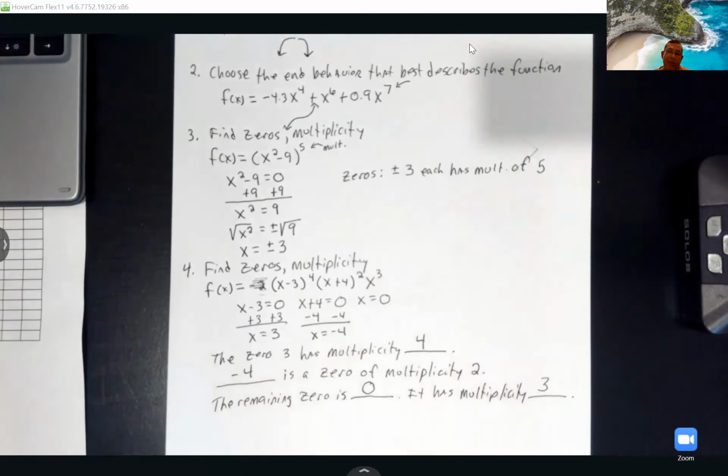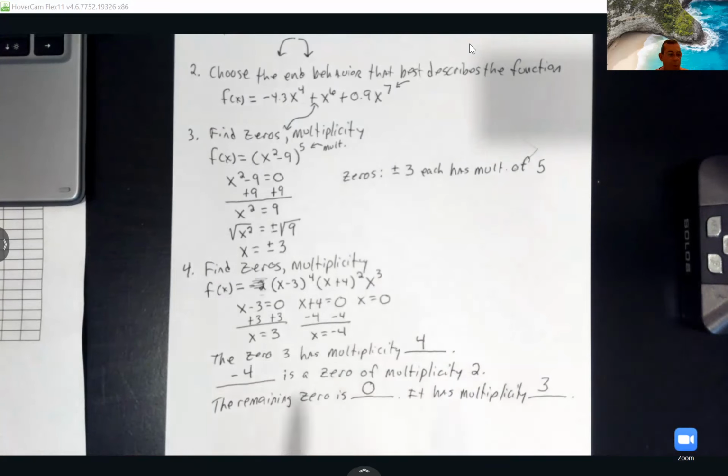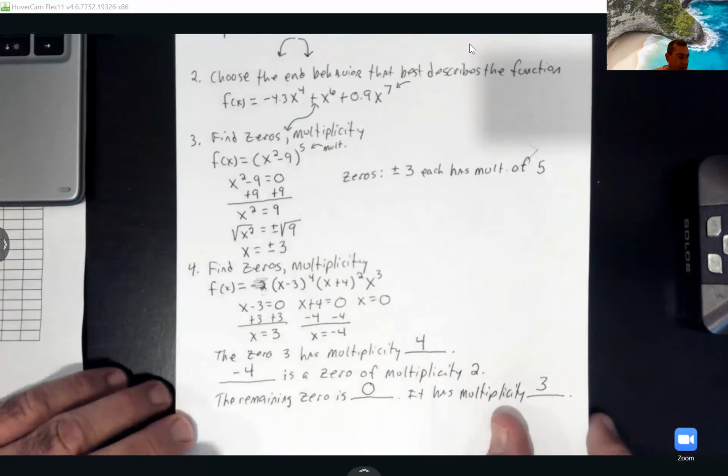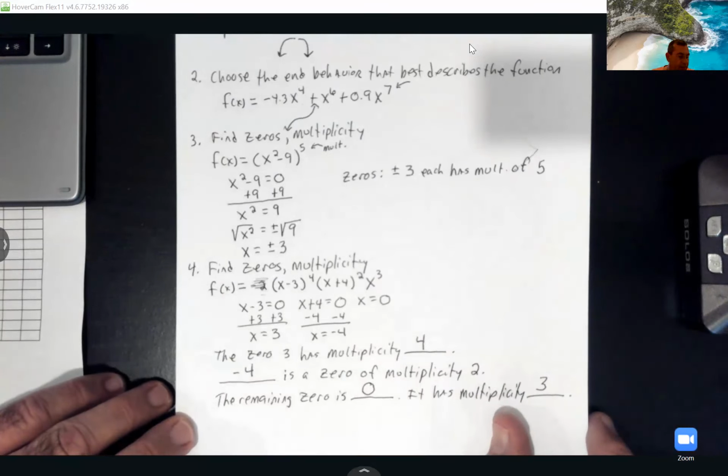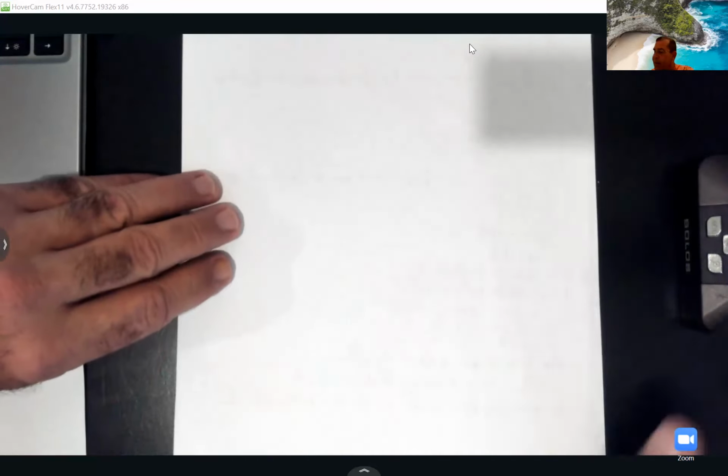So y'all on that one, just find your zeros and then just fill in the little questions they're asking, okay? All right, so I'll give y'all a second to catch up, and then we'll do the 4-term polynomial. All right, y'all, so let's start number 5 here.